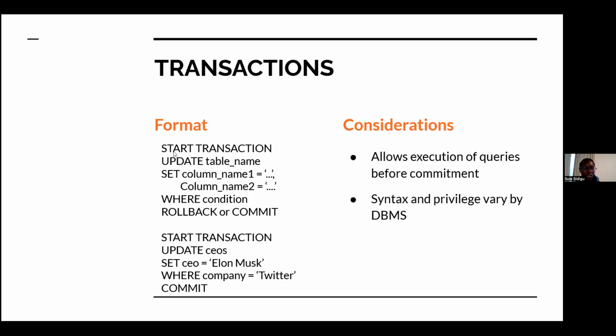In this case, if you use start transaction and then set the update that you want, then you can, for example, select from the table that you updated, and you can see the change that it would make. If you decide you don't want that change, then you would say rollback, and it would be like the change never happened. But if you want to keep the change, then you'd say commit, and that change would now be permanent.